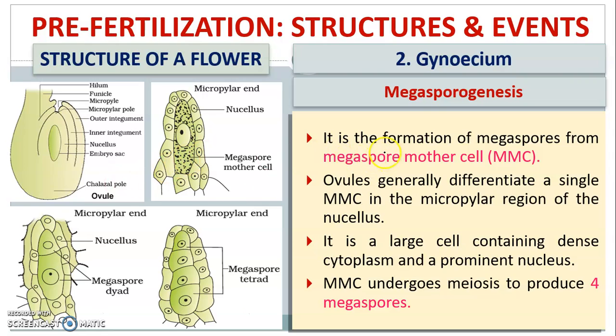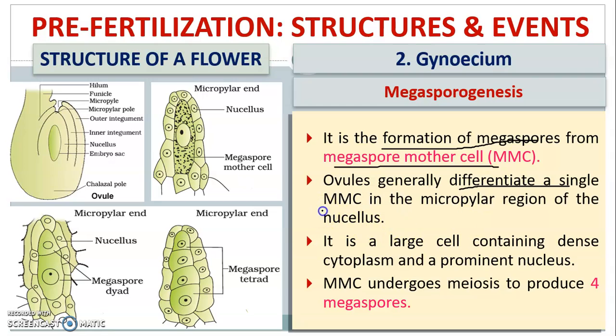It is the process of the formation of the megaspore from the megaspore mother cell. So what is this? The process by which the megaspore mother cell finally forms the megaspores and the embryo sac is known as megasporogenesis.